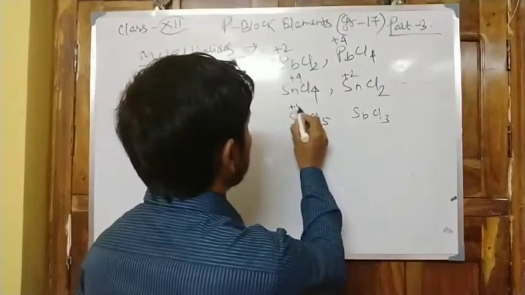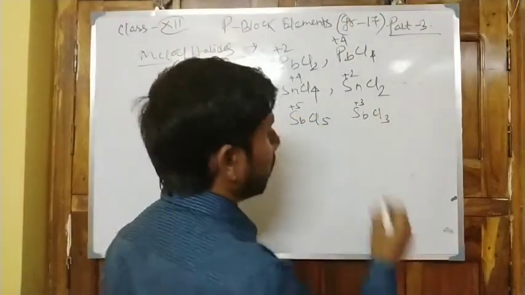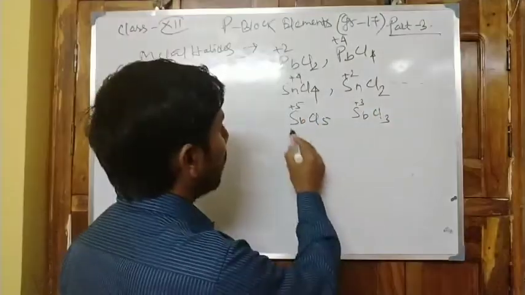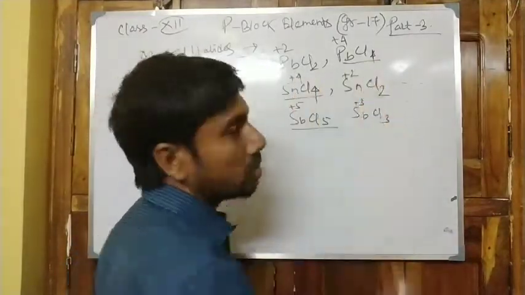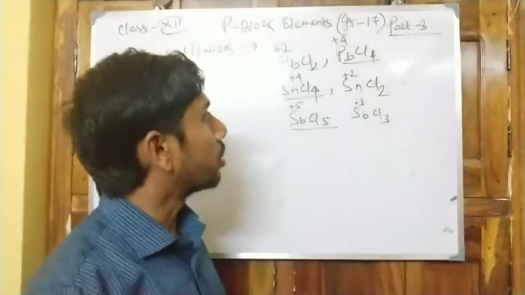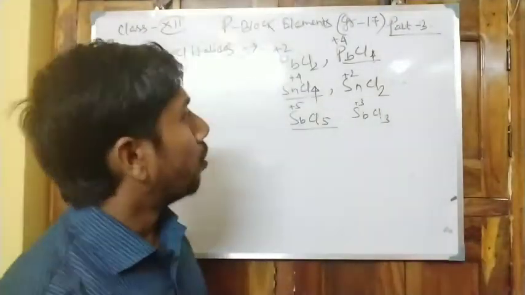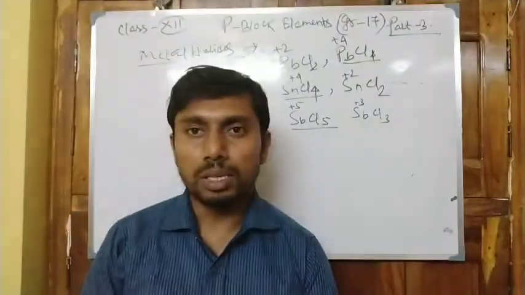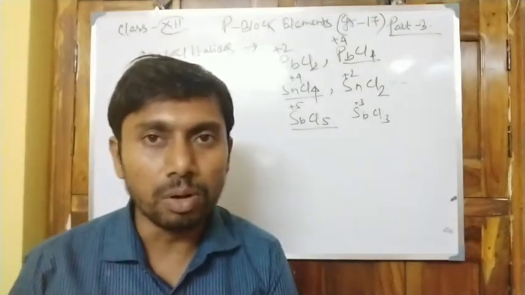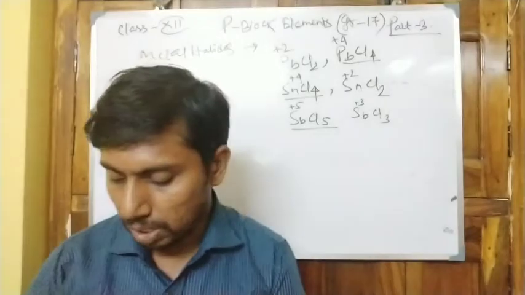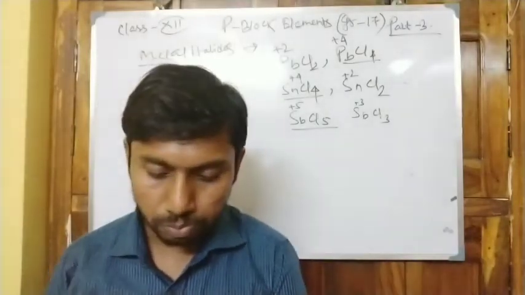Here it is in +5 oxidation state and here in +3, so SbCl5 is expected to be more covalent. So the question is, why is PbCl2 less covalent or more ionic than PbCl4? We should explain it by using Fajan's rule.